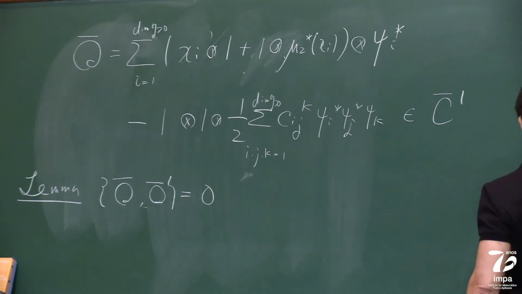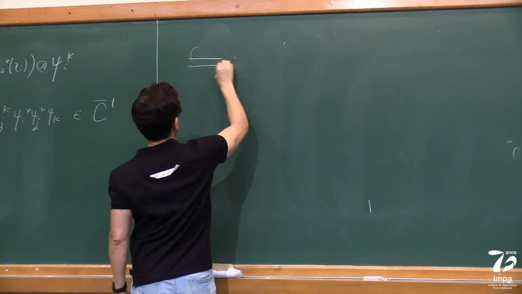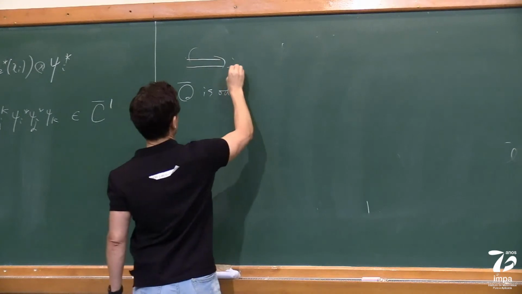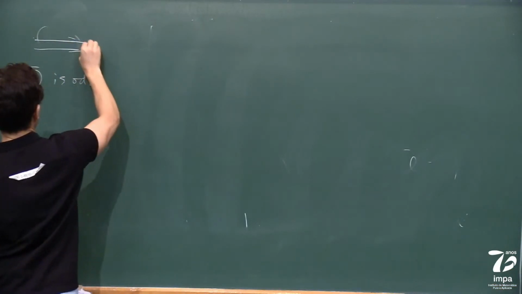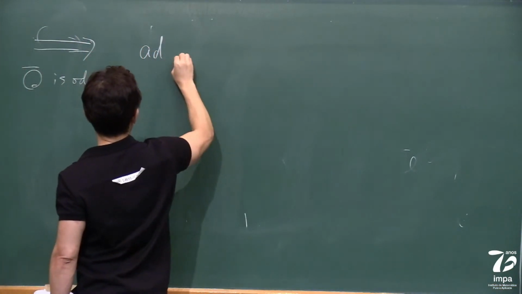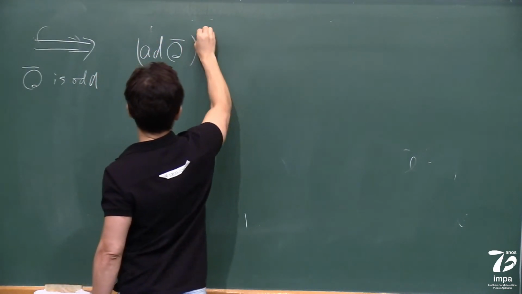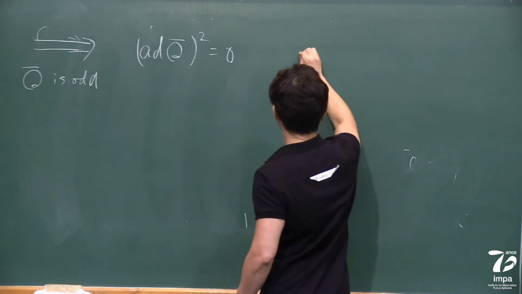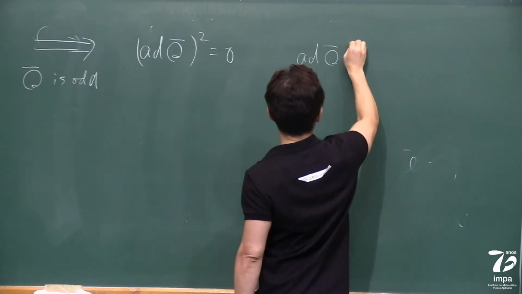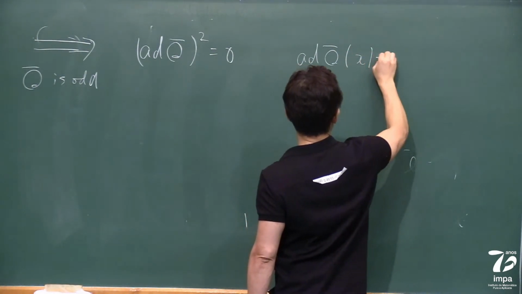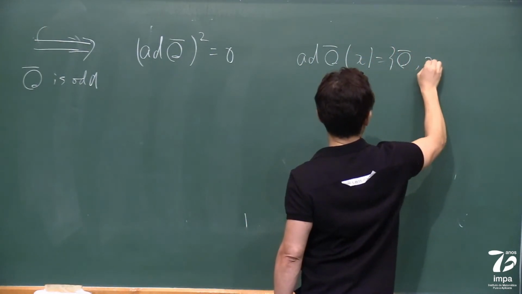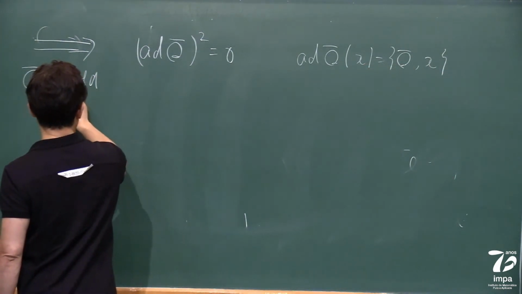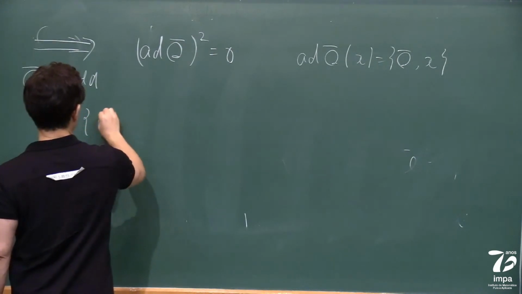And because Q bar is an odd element, this implies that the adjoint of Q bar squared equals 0, where ad Q bar of X is of course the Poisson bracket with Q bar.